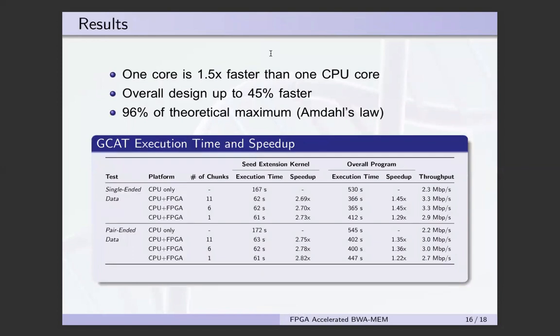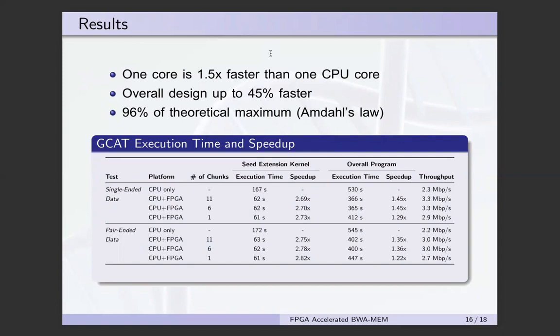Comparing our implementation with the CPU implementation, we see that a single core on the FPGA is able to achieve 1.5x speed up compared to the CPU. The full FPGA with the 4 kernels is able to achieve up to 2.7 times more speed up compared to a CPU-only system.